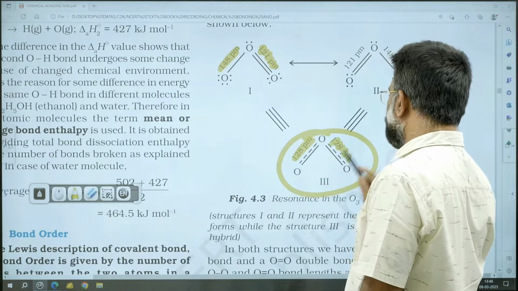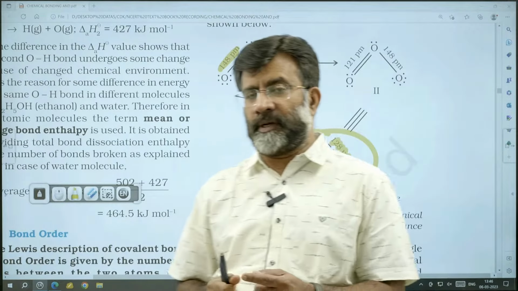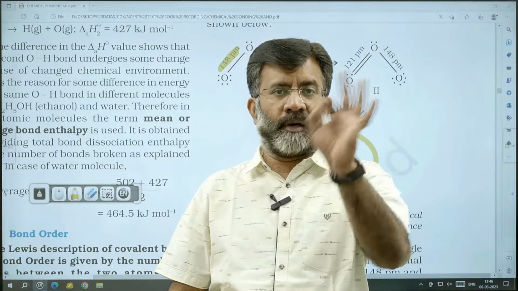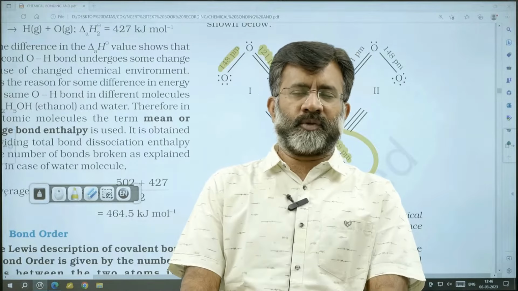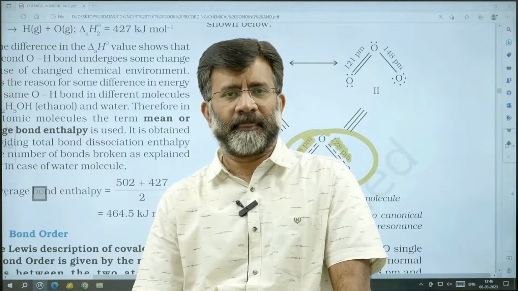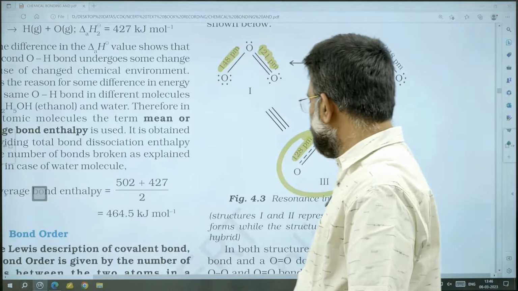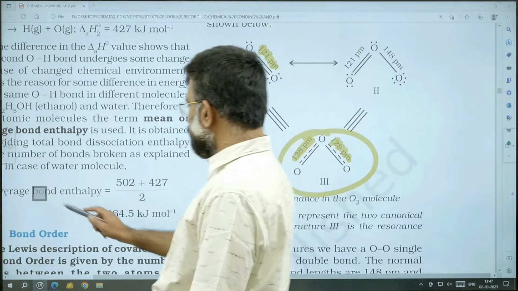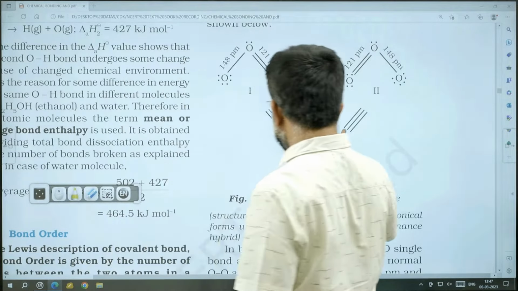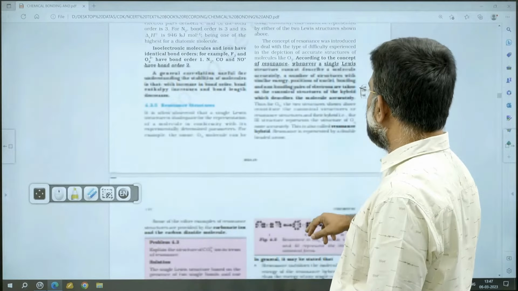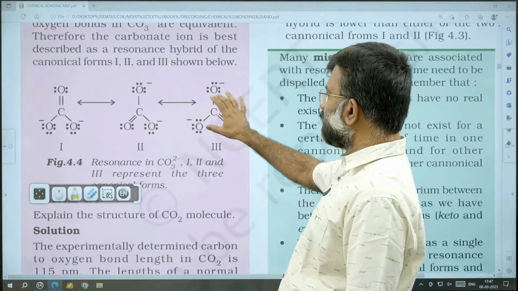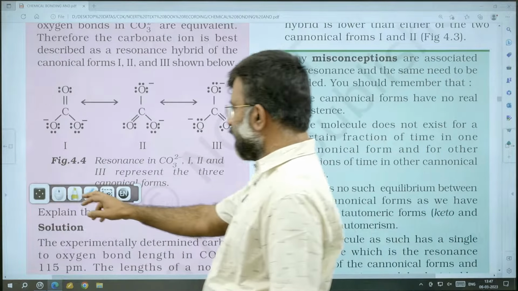It is 128 as the bond parameters are averaged. Resonance averages the bond parameters. Right? So that is about resonance, that is about various bond parameters. This is carbonate molecule and this resonance already we have illustrated in the class.